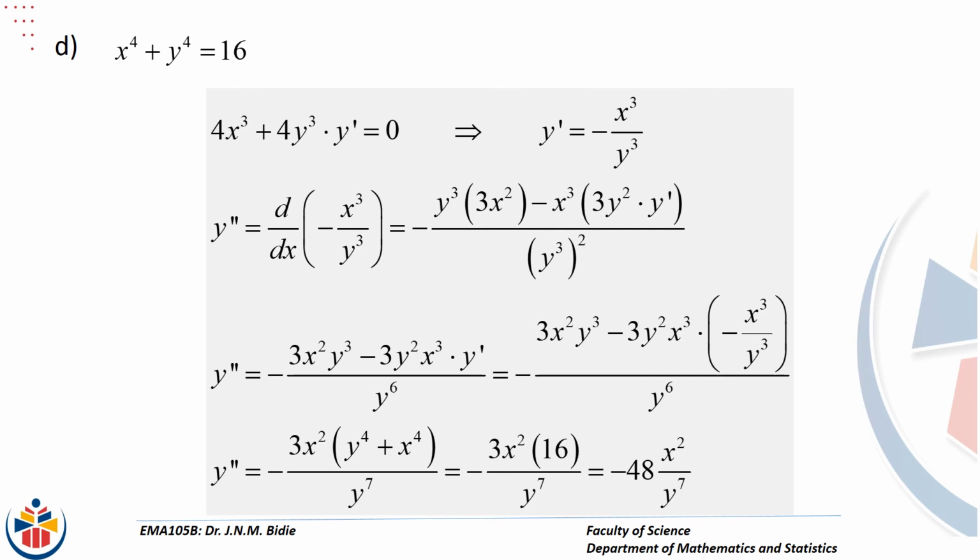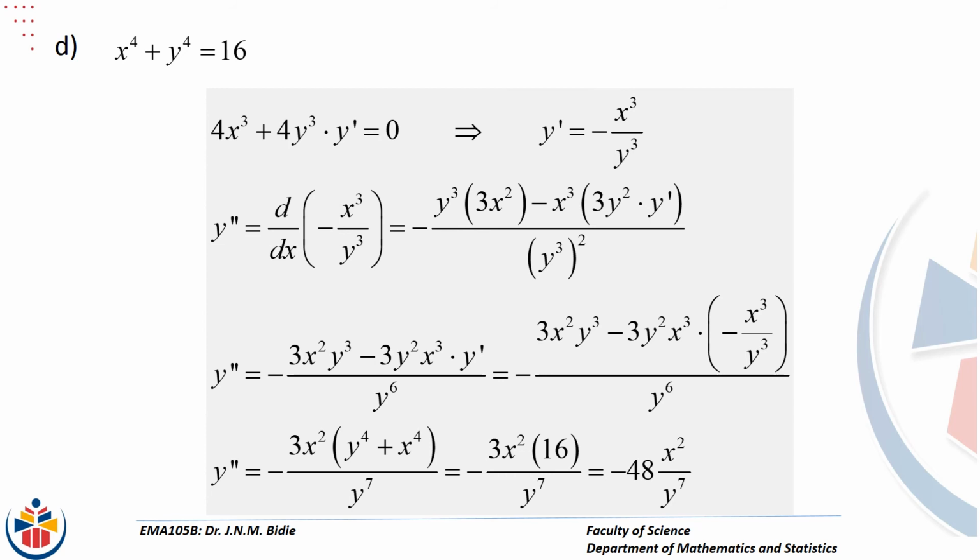D, now we get complicated because now this is also applicable for implicit differentiation. X to the power 4 plus y to the power 4 is equal to 16. That's what we have been given. So we use implicit differentiation and chain rule.